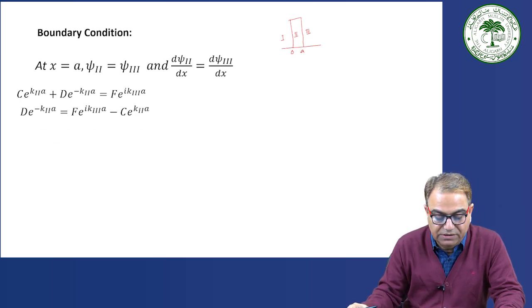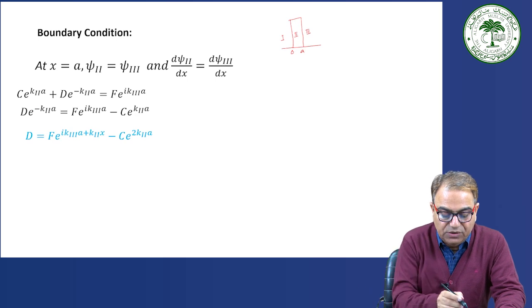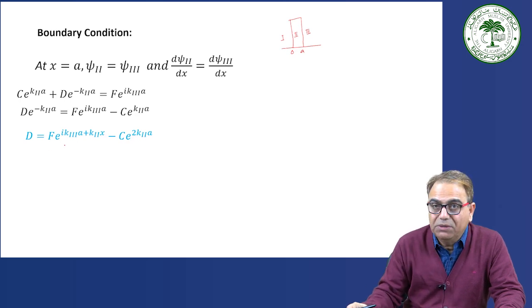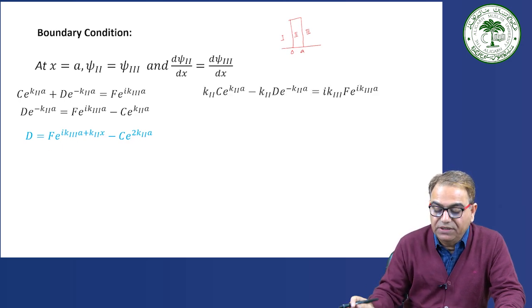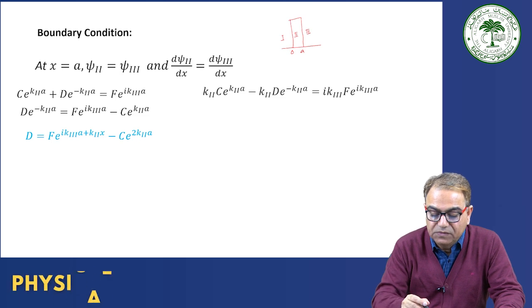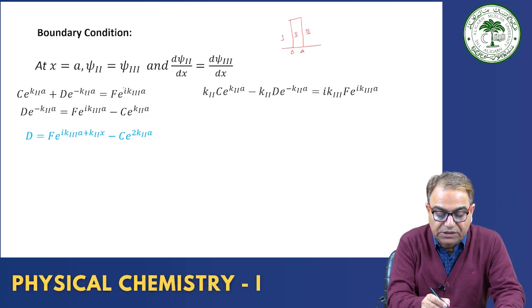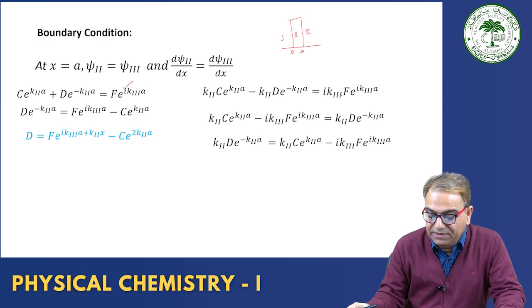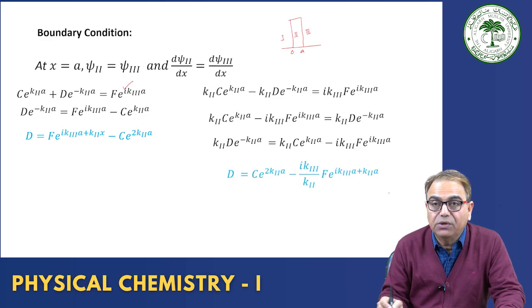It's the only change, and then you have D is equal to F exponential i k3a plus k2a minus C exponential 2k2a. Okay, so this you get D. What about the differential terms? So differential terms you write, and if you differentiate this equation with respect to x, what you get is this one, and the same rearrangement will give you a D is equal to this one.